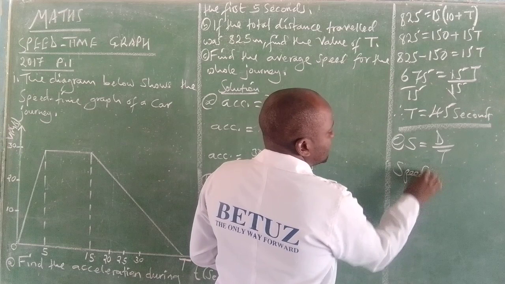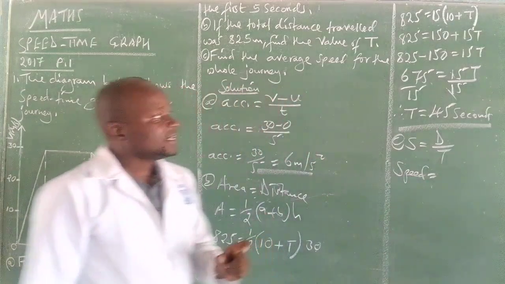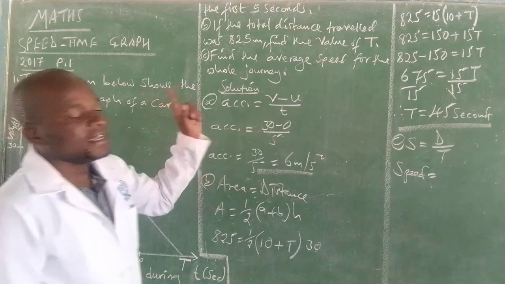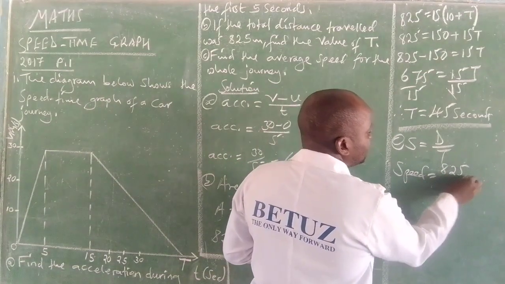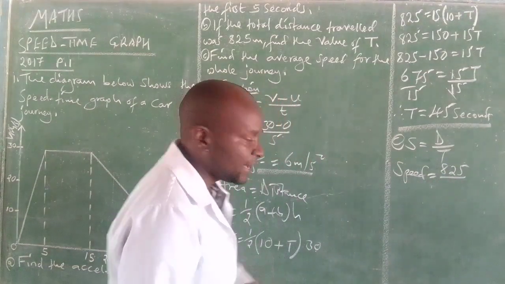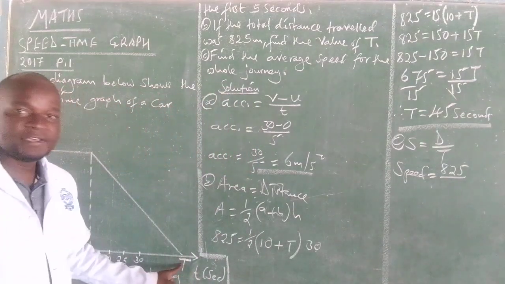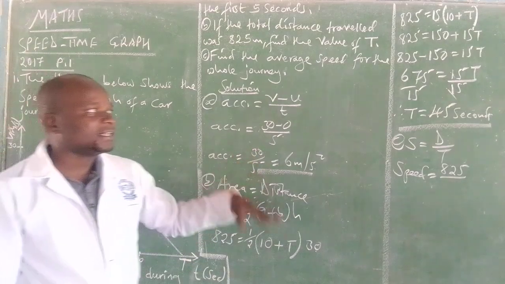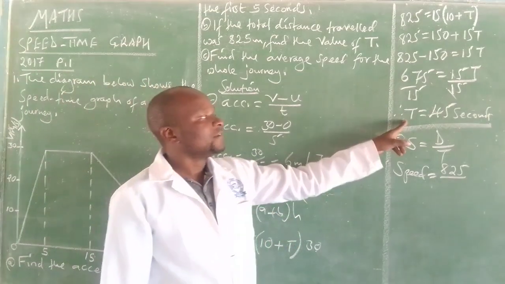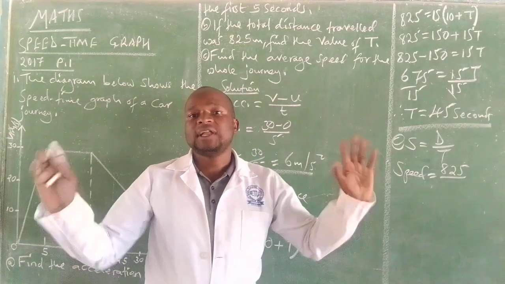The distance we are already given as 825. So we simply write 825 divided by t, which is time. Time will be the same figure we found for t. You can see that these questions are connected. The moment you get the wrong value of t, this will automatically be wrong.